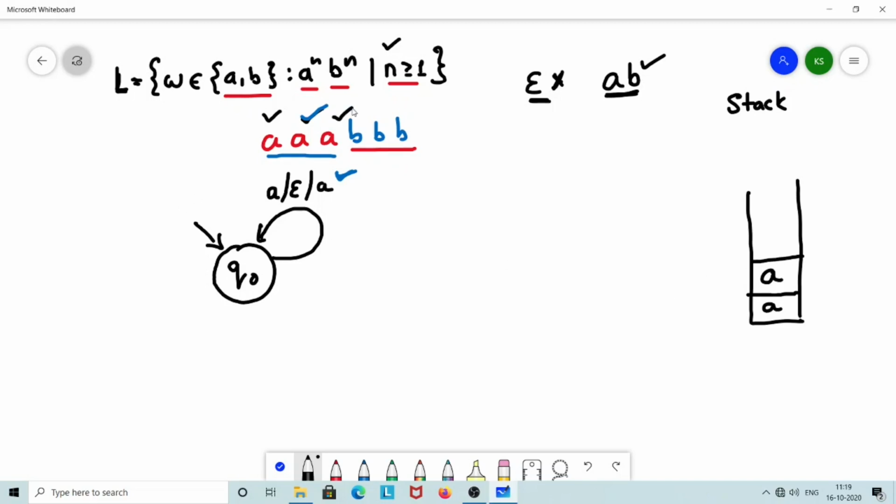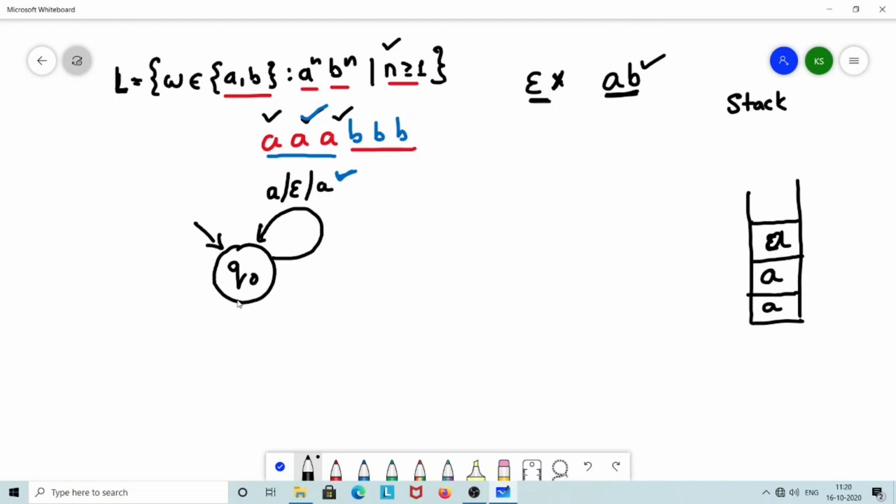The same approach: epsilon is on top of the stack, which is above A, right? And being in the Q0 state, upon encountering A with the top symbol epsilon, I can push A. So I'll perform the push operation again. So this will be the content of the stack after encountering three A's. Now we will encounter B. When I encounter B, I have to make a transition to a different state.